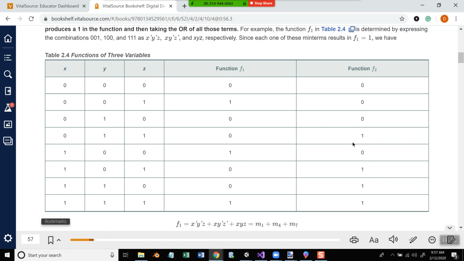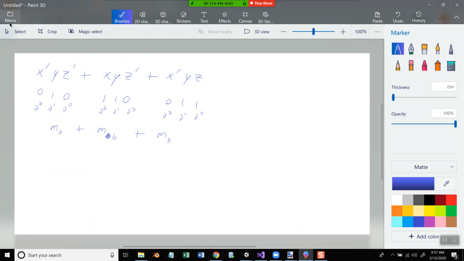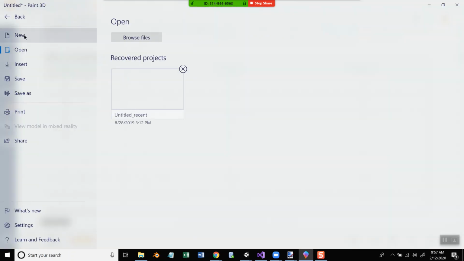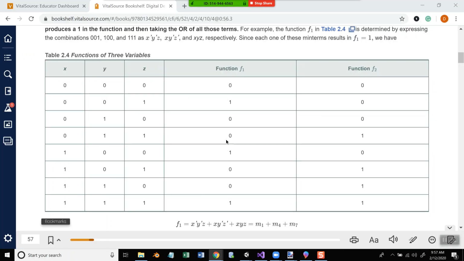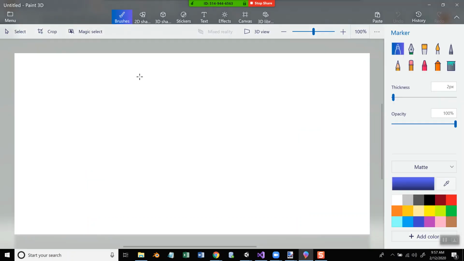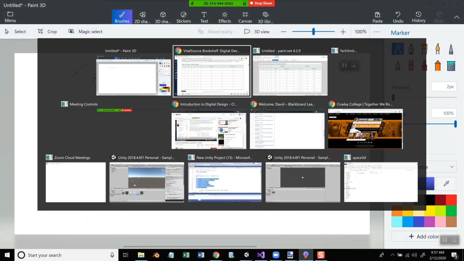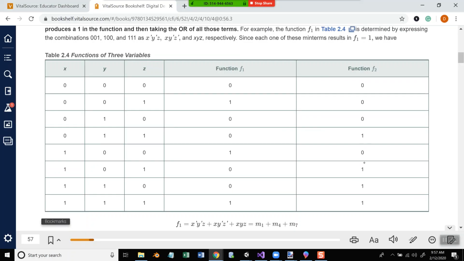Now let's take a look at function 2 before I scroll down, and we'll write that down. Okay, so we're looking for everything with a 1. Let's see. There's a 1. So we got 0, 1, 1. This is x prime, y, z. And here's a 1.